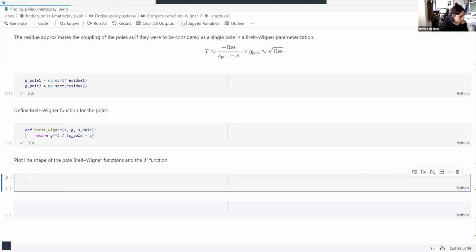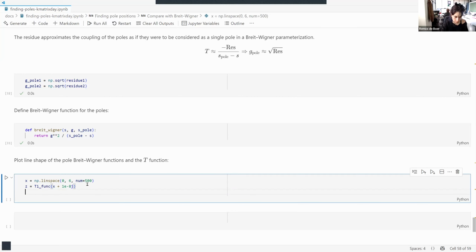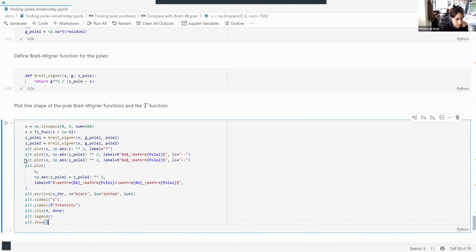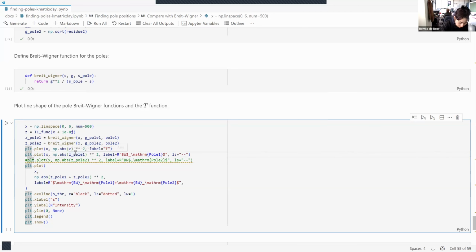And then I can plot everything. So let me just copy and paste the plotting infrastructure. First, let's plot what we already know.